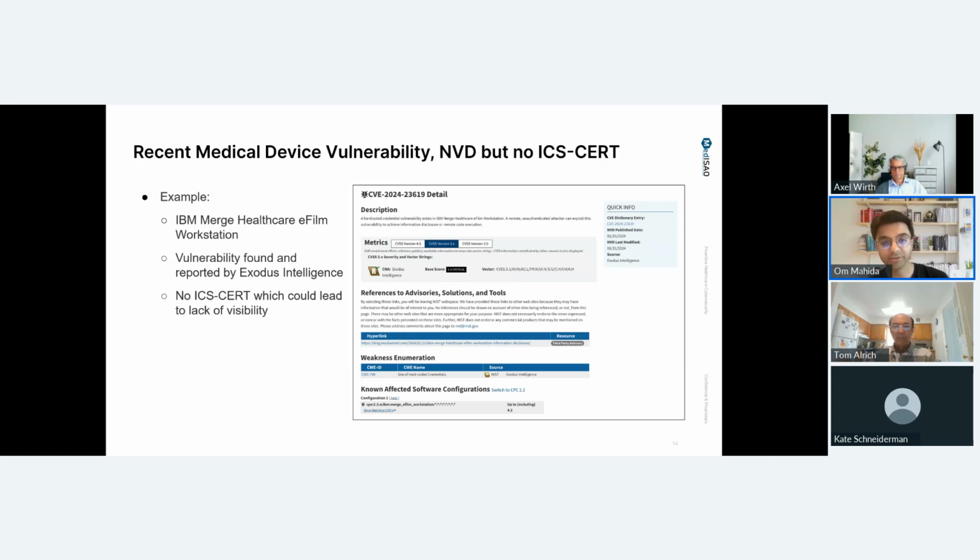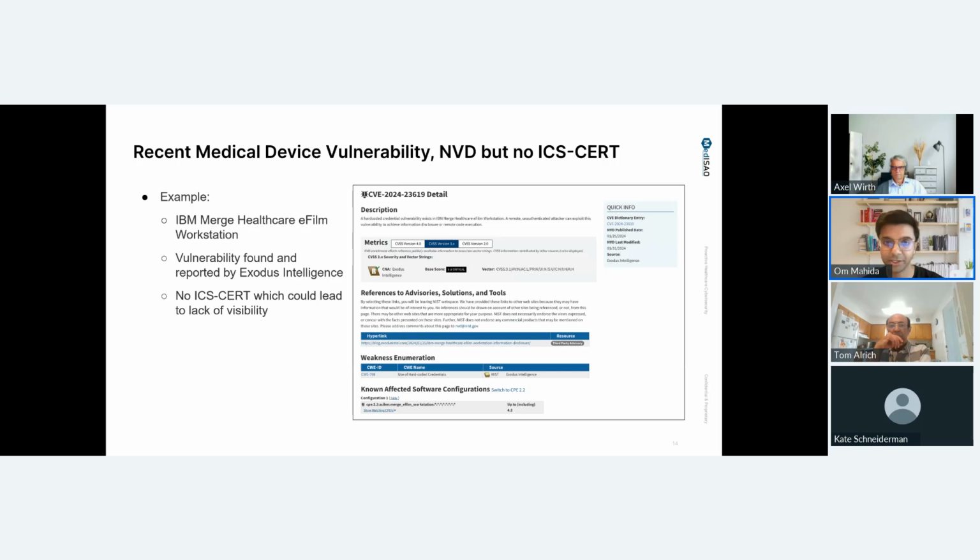So there's a recent medical device vulnerability. Looking at the National Vulnerability Database for security issues in healthcare, against a workstation that used to be an independent company called Merge Healthcare that got bought by IBM a few years ago. There's a vulnerability recently in 2024 found by a third party, reported to the NVD.